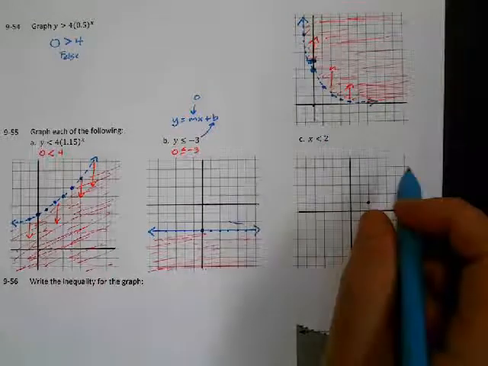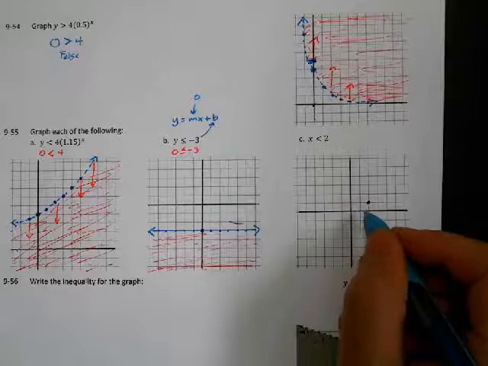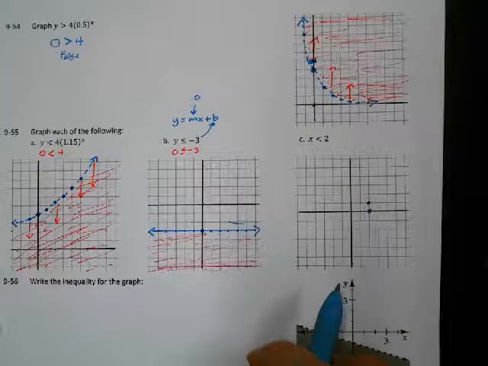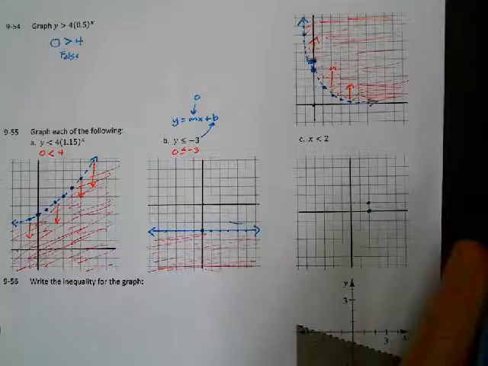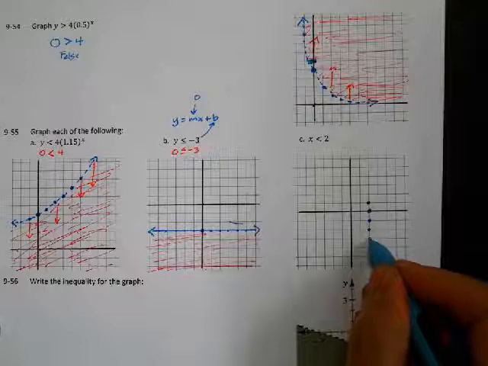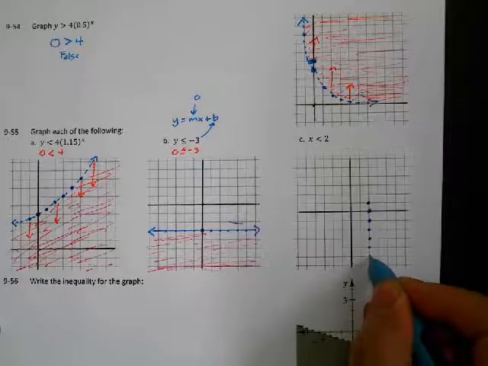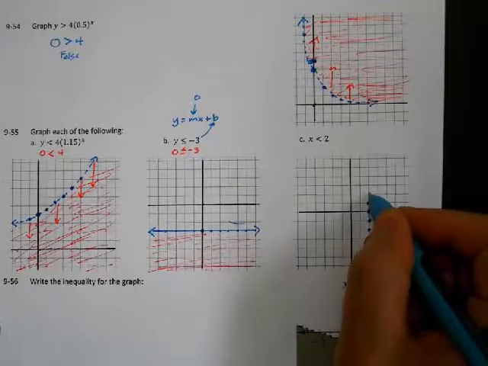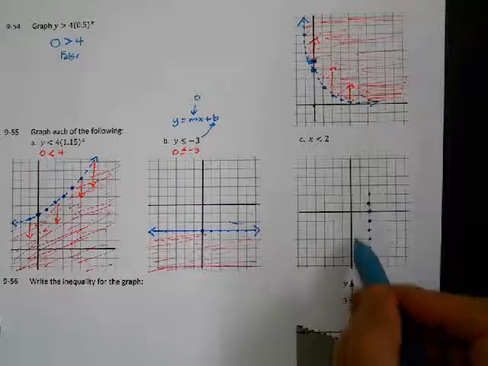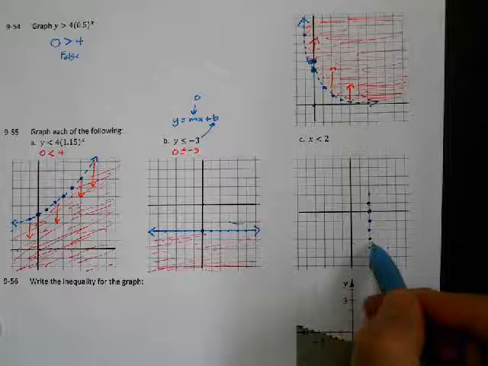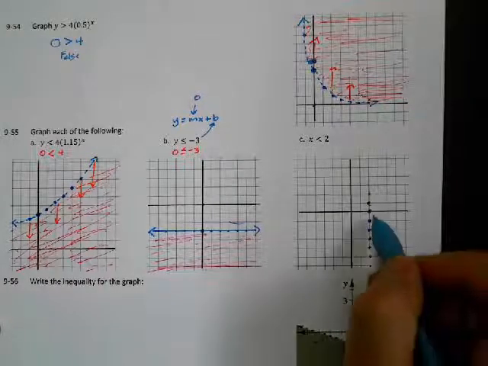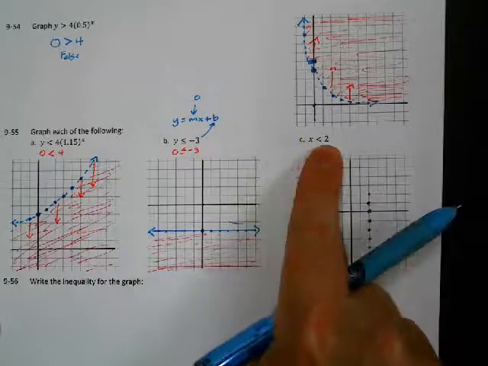If x is 2, could y be 0? Yep, it'd be 0 right there. It could be anything for the y. As long as the x is 2, all these points that I'm plugging in here, x is 2 on them. Because this is 2, 0, 2, 1, 2, 2, 2, -1, 2, -2, 2, -3, 2, -4, 2, -5, 2, -6. Every single point here, x is 2. So this would be a vertical line.